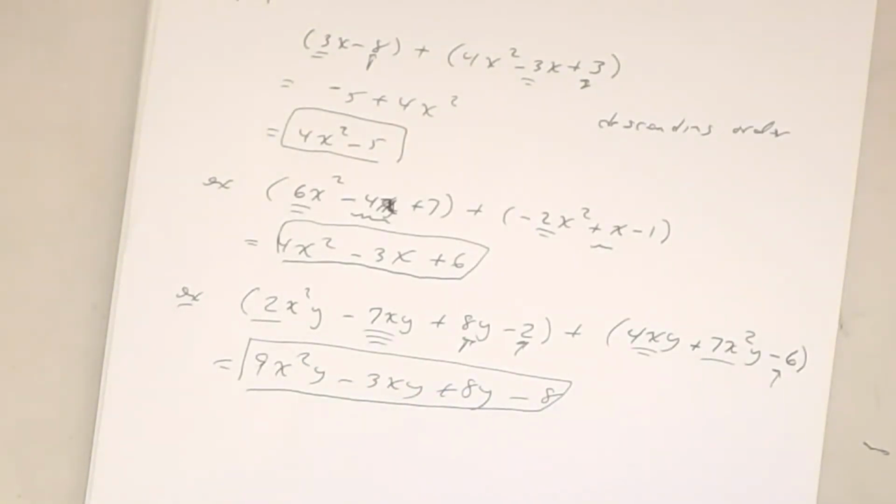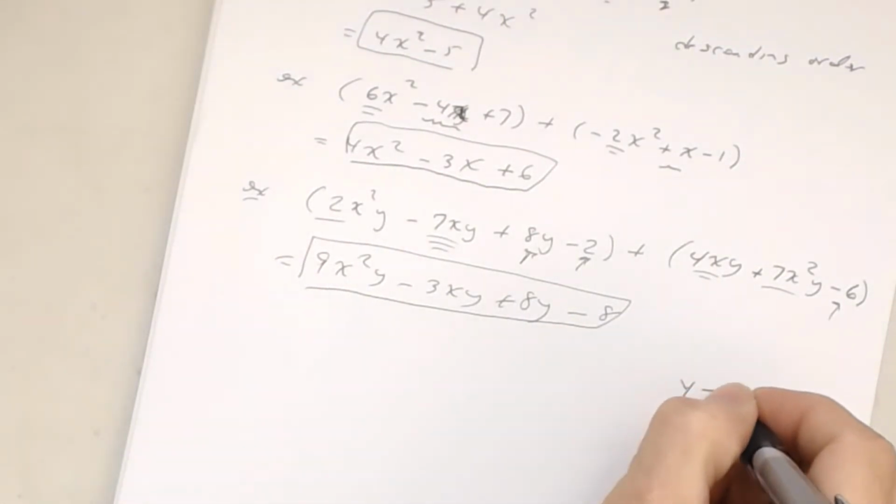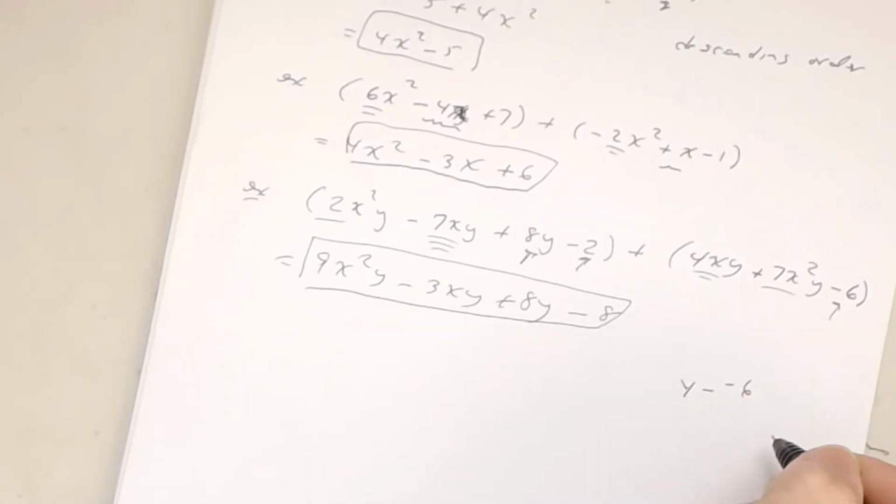Now let's talk about subtracting. So when you subtract, you want to remember the idea of adding the opposite. Some of you, even though I told you not to do this on the videos, still do this on your test. When you wrote those equations of lines, if you see y minus a negative 6, what should you write this as?